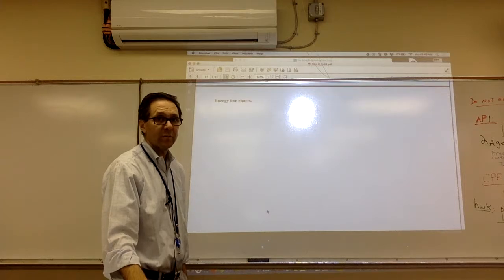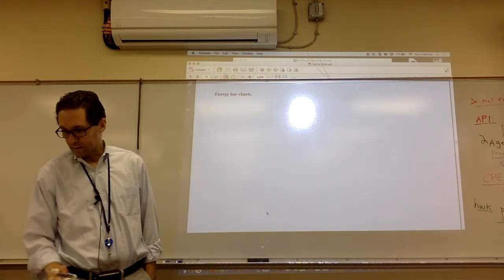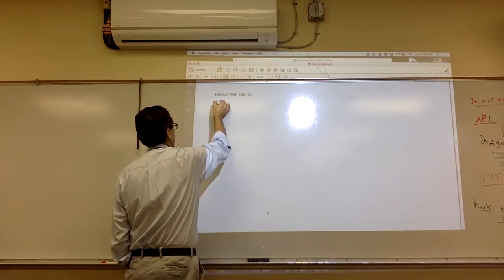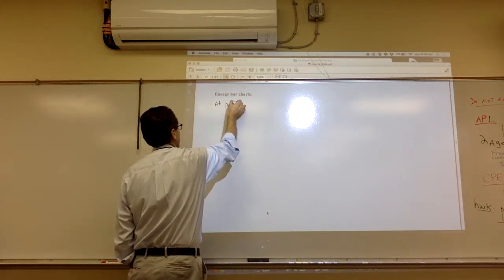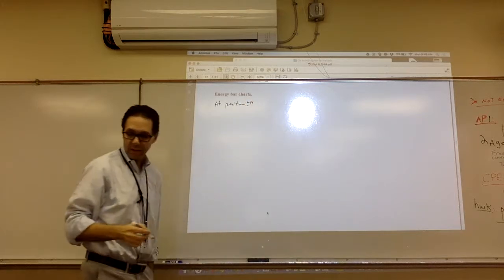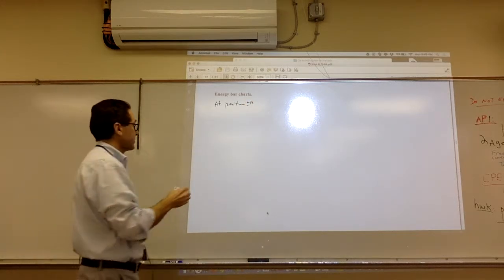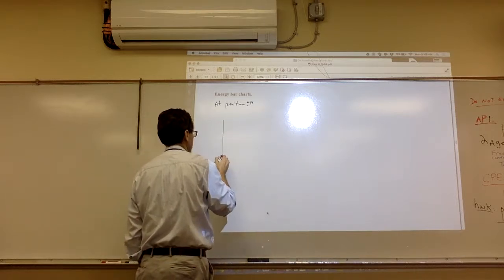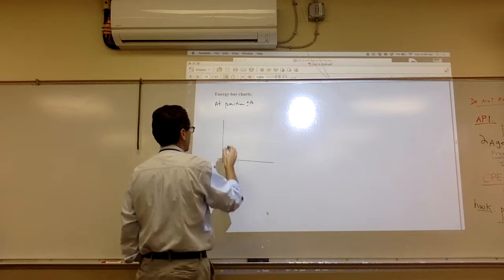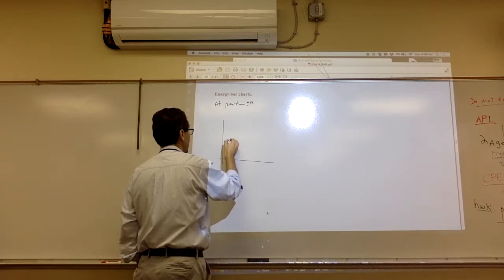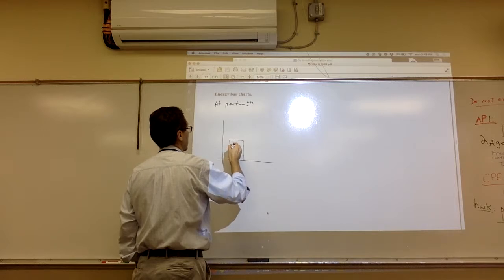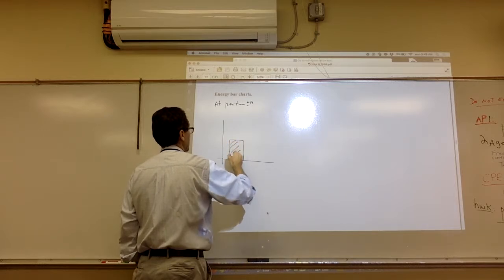All right. So I'm going to do some energy bar charts, at different places. First, at position either A or negative A. At position A, all my energy is potential.